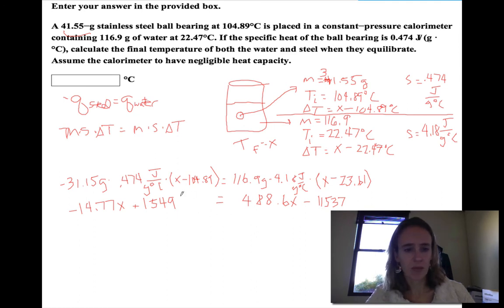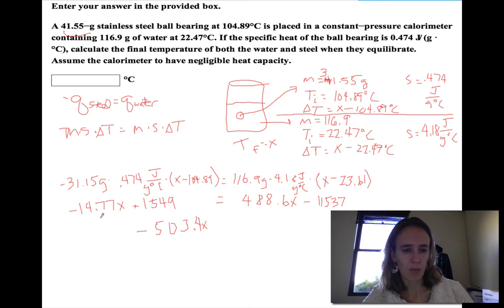So now I just need to combine like terms. I need to combine my x's. So if I add or subtract this over here, I end up with 503.4x, and that's going to have a negative sign on it.